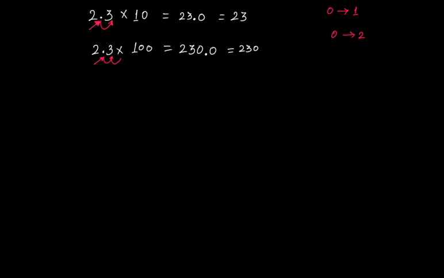Okay. If this is 2.3 times 1000, so this is your decimal point, and in this case you have 3 zeros. It means that this decimal point has to be moved towards the right 3 times, right? 1 time, 2 time, and 3 time. It means you have to place the decimal point after 3 digits towards the right.